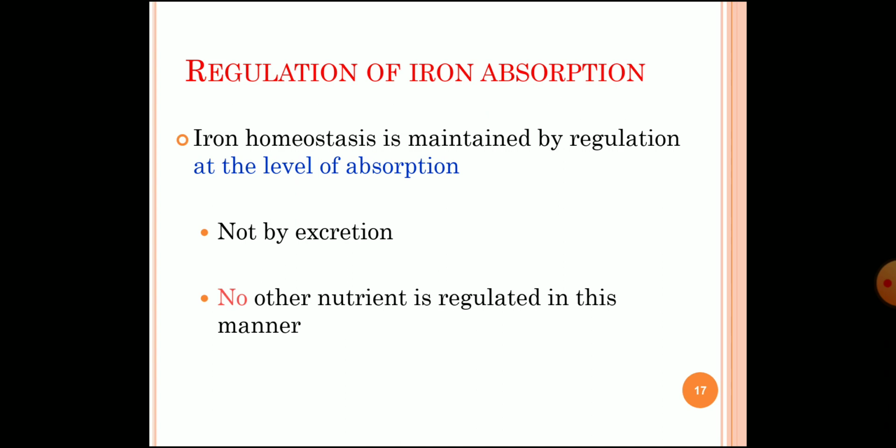So it is not by excretion, and no other nutrient is regulated in this manner. So remember, only iron homeostasis is maintained at the level of absorption. Iron is not excreted as such in the urine.